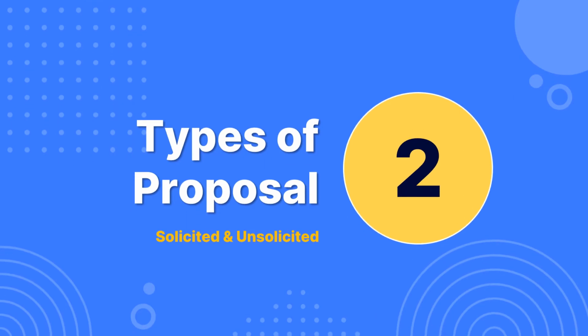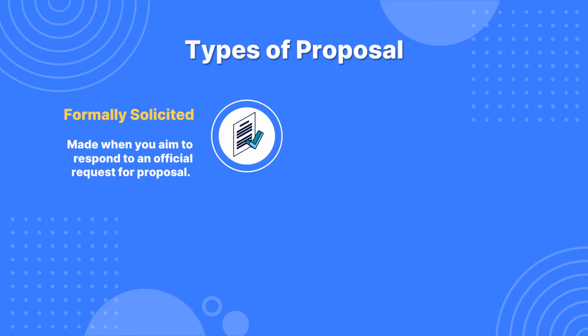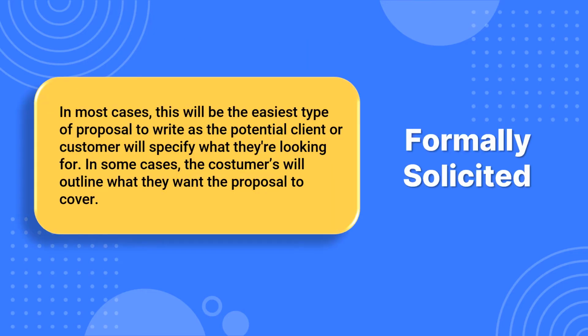There are three types of business proposal. First is formally solicited. A formally solicited business proposal is made when you aim to respond to an official request for proposal. In most cases, this will be the easiest type of proposal to write as the potential client or customer will specify what they are looking for.